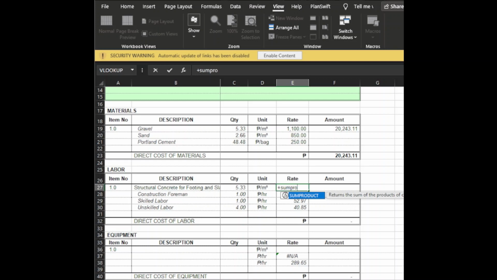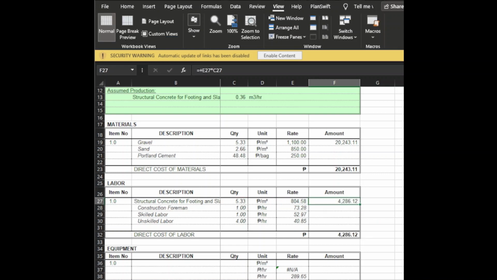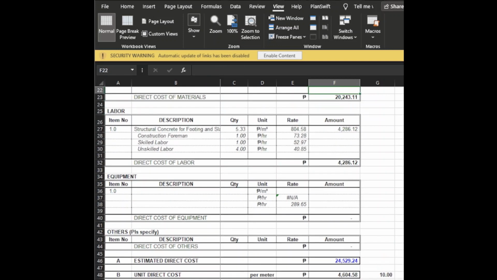Some product of this to here. Then we will divide it by our assumed production so that we can get the per cubic meter amount. Okay, 804, so multiply it to the quantity. So this is our labor, 4,286 for the 5.33 cubic meter of concrete.